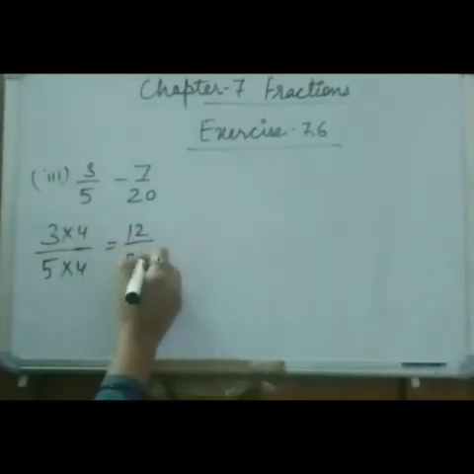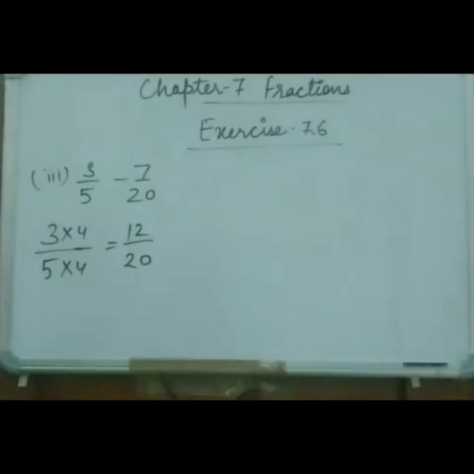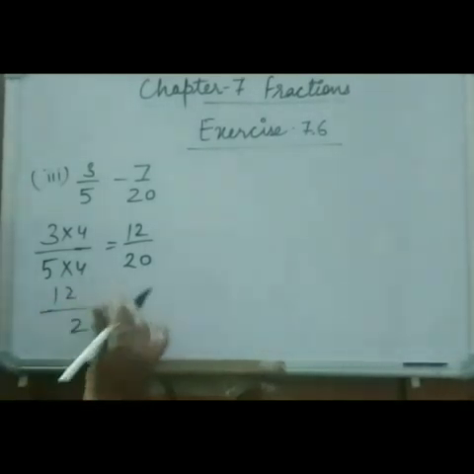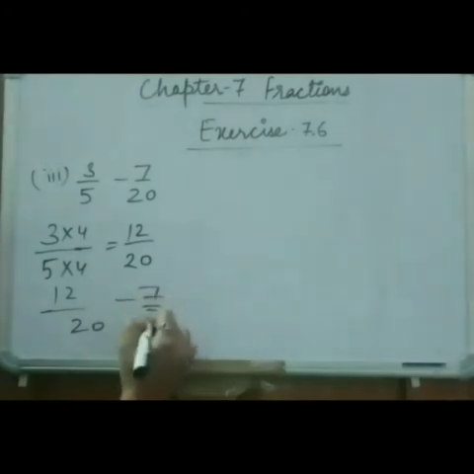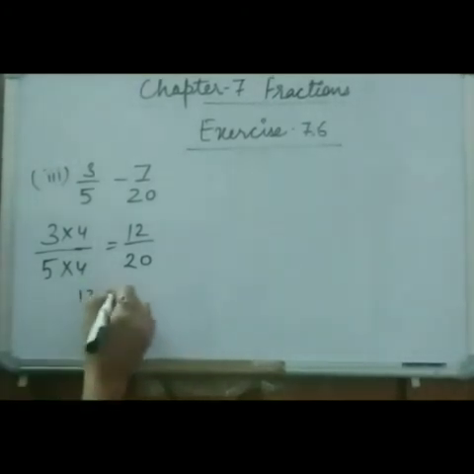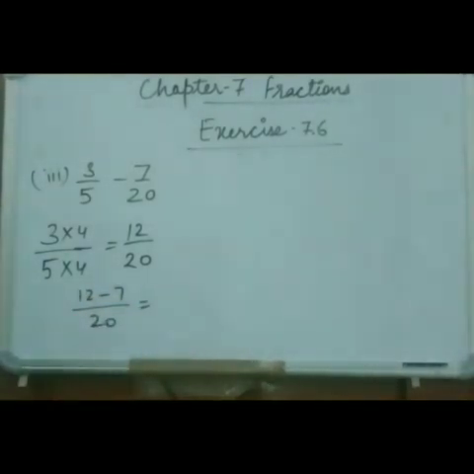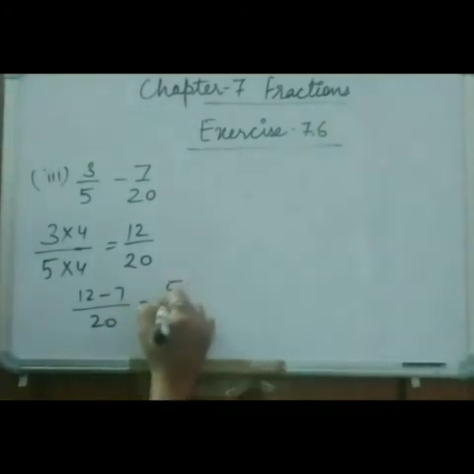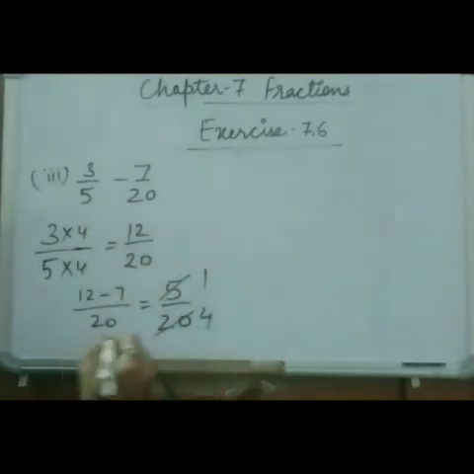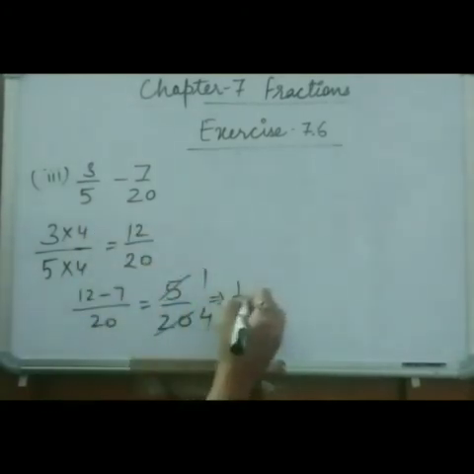So it is here 12 upon 20 minus 7 upon 20. Or we can write it like this also, 12 minus 7 upon 20. So 12 minus 7 will be how much? 5. Okay. So it is 5 by 20. 5 1s are 5, 5 4s are 20. If it is simplifying, you will simplify also. This answer is 1 upon 4. Getting it?